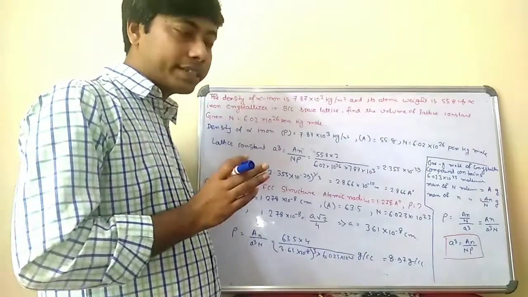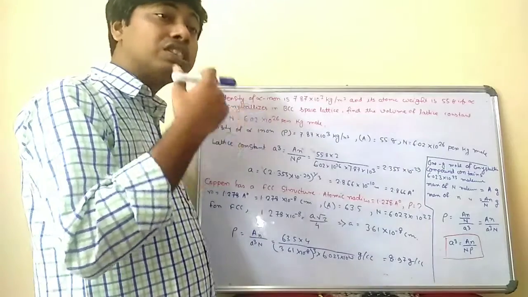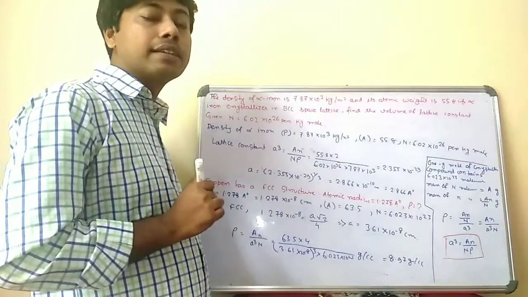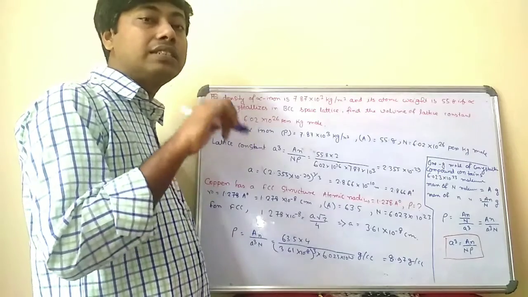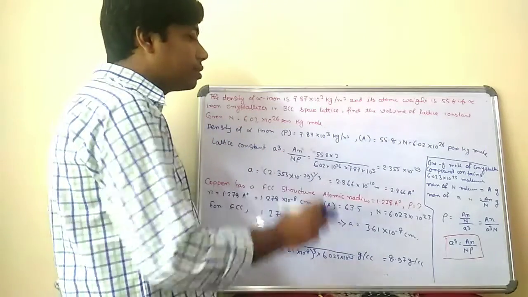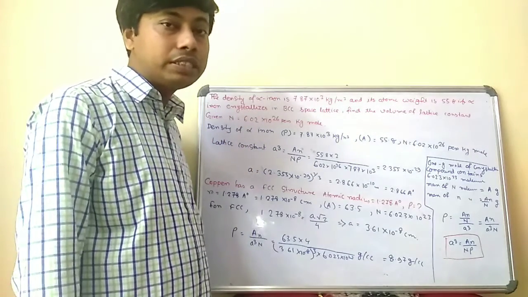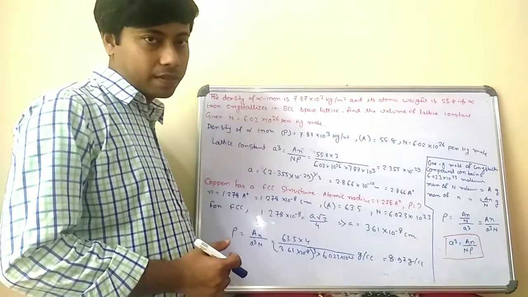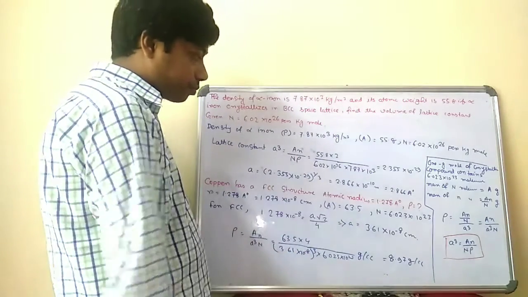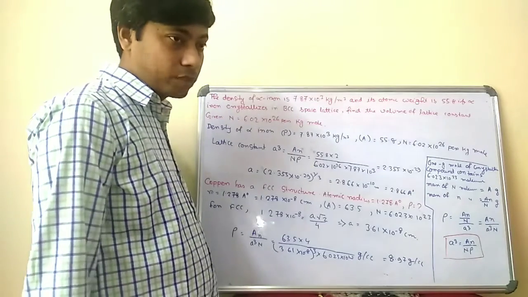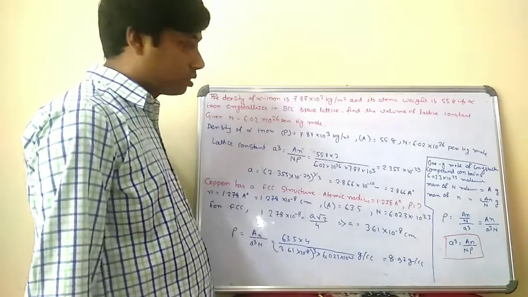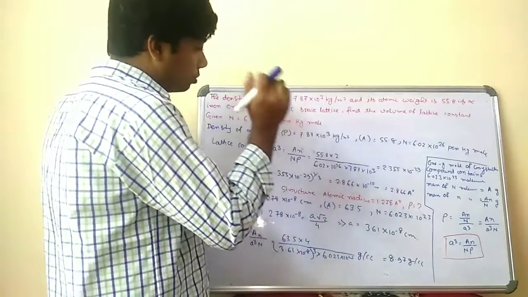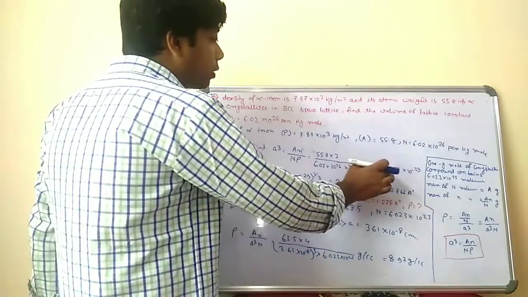A is the atomic weight of iron, n is the number of atoms per unit cell, which for the BCC crystal structure is 2, N is Avogadro's number, 6.023 into 10 to the power 23 or 10 to the power 26, and rho is the density of alpha iron, also given in the numericals. If you put all these values, you can get the value of a cubed.